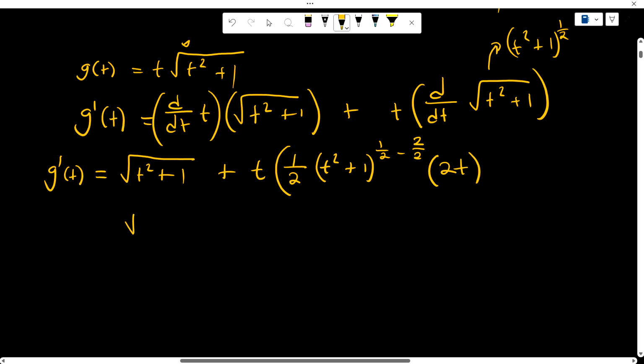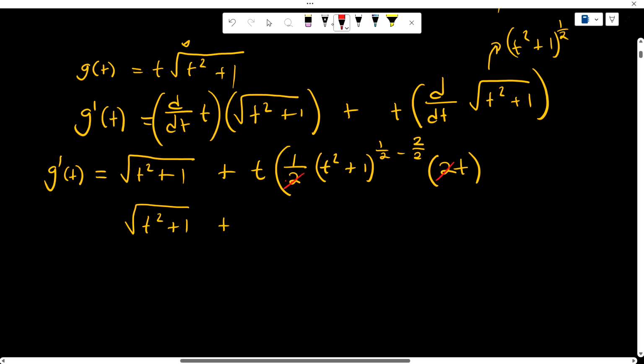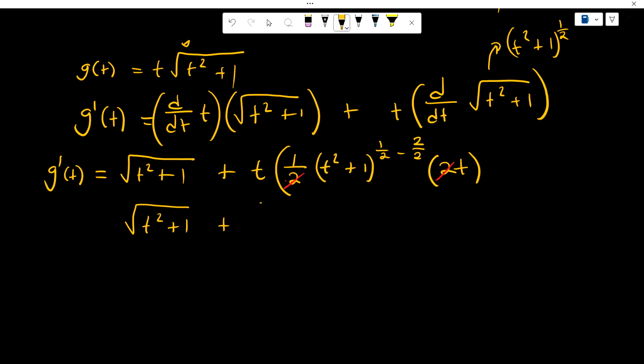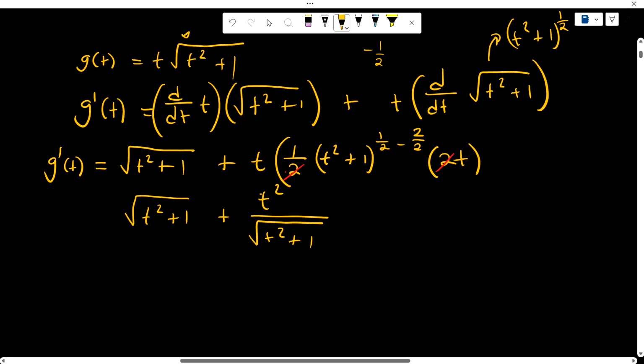Let's simplify further. You'll have the square root of t squared plus 1, and then plus, here I notice that the 2 and the 2 will cancel, and then t times t is t squared, and then this one here will give me a negative a half. Therefore, if you bring it down, you will have something that looks like that, right?